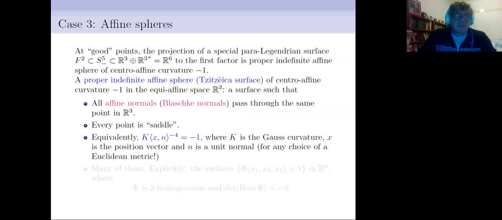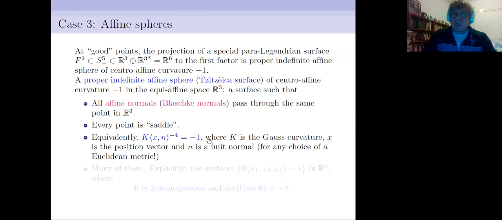And the Blaschke normal is something which replaces the usual normal when you have no metric. And the definition is not immediate. So I will not probably show it here on this slide, but what you can do is introduce any metric in your space, and then it turns out that this condition, proper indefinite affine sphere of center, affine curvature -1 in equiaffine space, is equivalent to that.